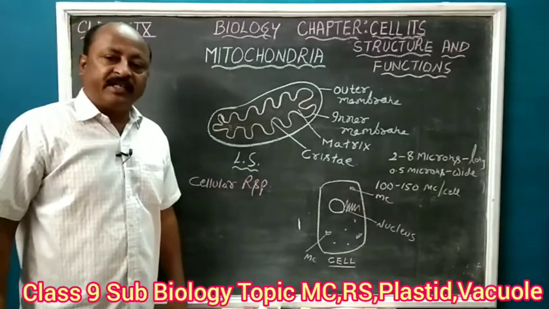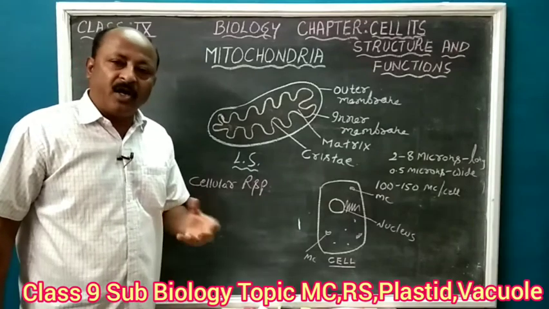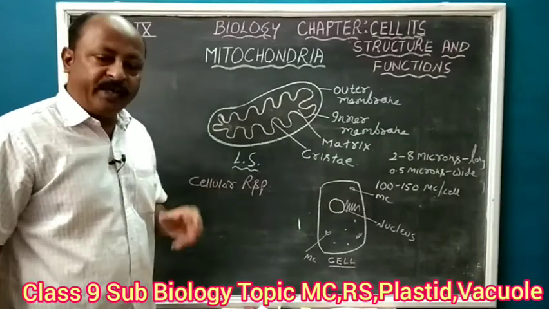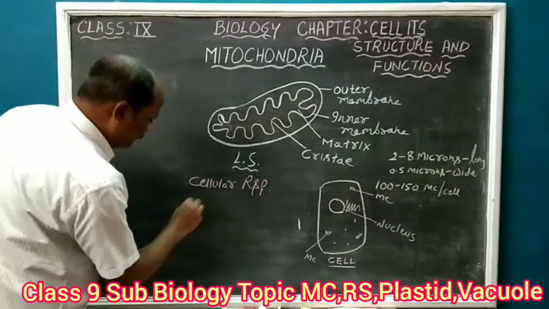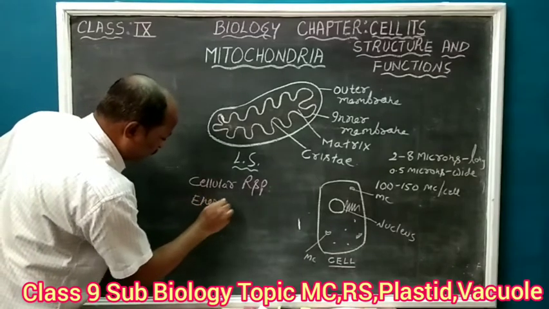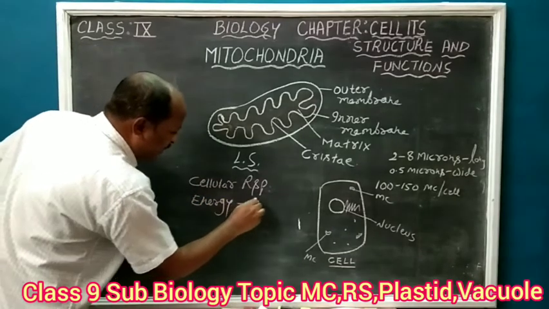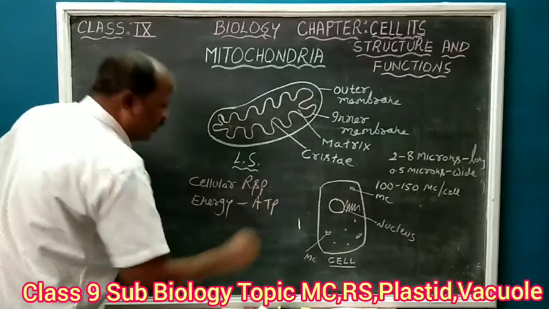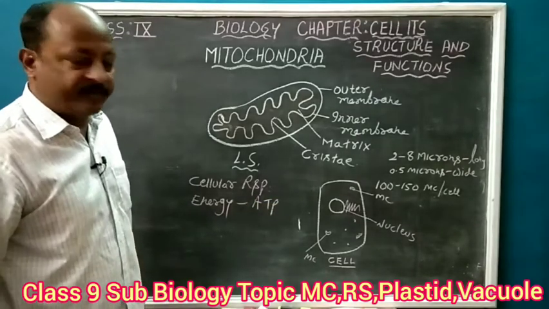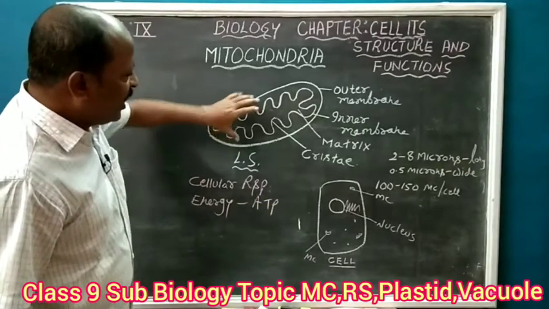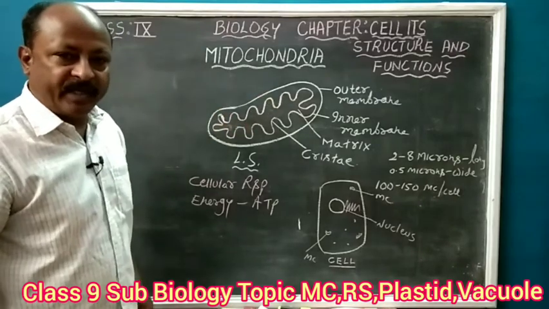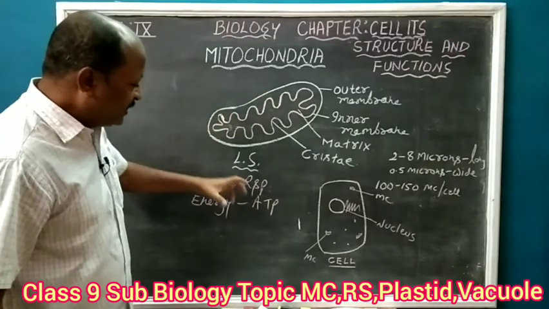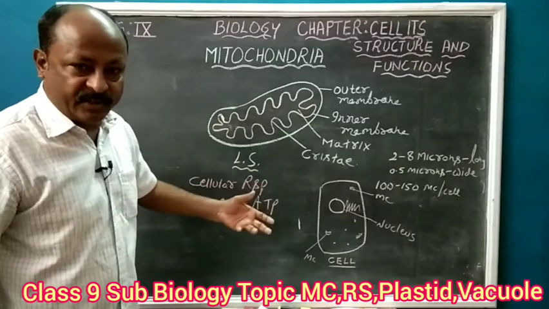During this cellular respiration, food is oxidized to produce energy, and this energy is stored in small molecules called ATP. So ATP is stored in the mitochondria, and this ATP provides the energy.